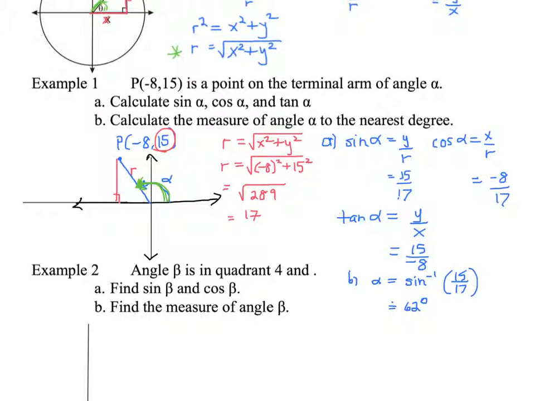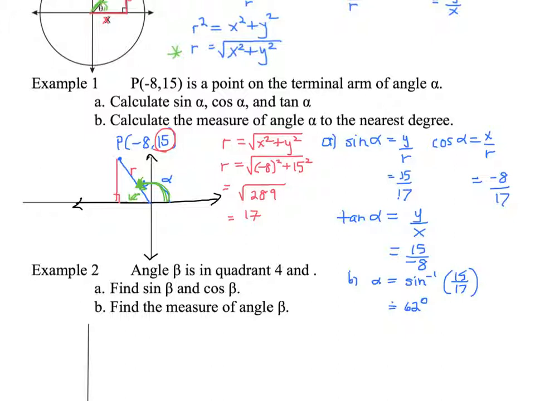So you're going to have to do a little bit of extra thinking here, okay? Because what it's actually telling you is that this angle in quadrant 2 measures 62 degrees. So if the related acute angle, the reference angle, is 62 degrees, then we have to figure out what alpha is by subtracting that from 180 degrees.